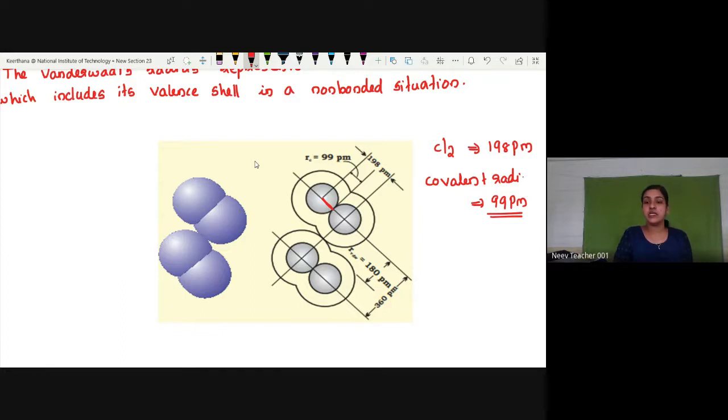Why do we consider this? Because atoms are involved in overlapping while forming bonds. This is the actual chlorine atom including valence electrons, but when forming a covalent compound, orbital overlapping occurs, so we consider only the covalent radius, the radius of an atom core in contact with an adjacent atom core.